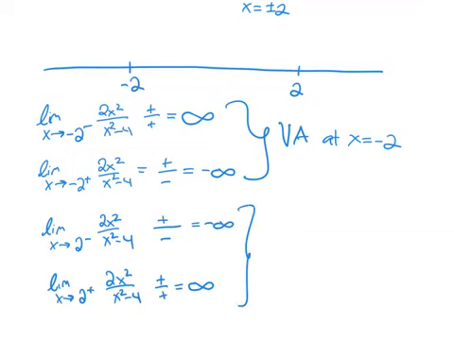And as soon as you see that you have an infinite limit, not a finite limit, but an infinite limit as x approaches 2, you can say that you have a vertical asymptote at x equals +2. If these limits came out to be a finite number, then you wouldn't have a vertical asymptote there. But because we have infinite limits, that means that we have vertical asymptotes there.